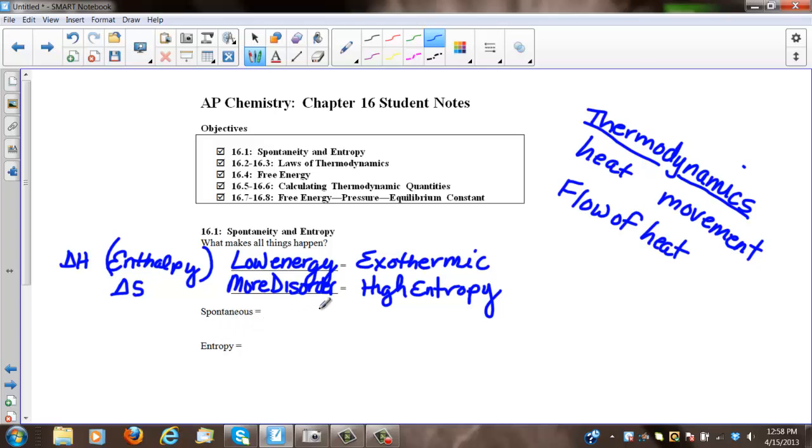If something is spontaneous, then it's something that happens on its own. And entropy is a measure of the amount of disorder.